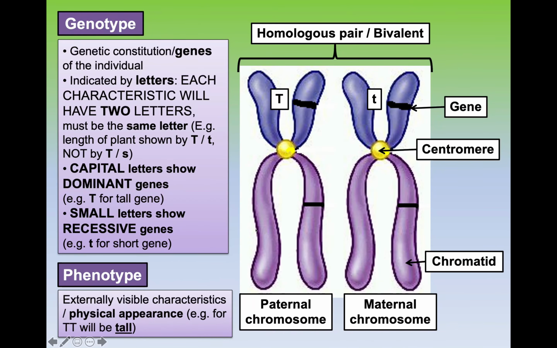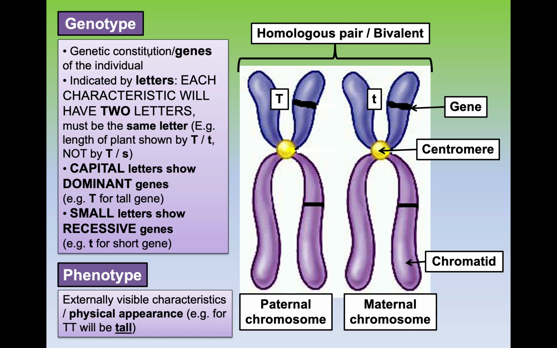Now let's look at the difference between the genotype and the phenotype. When we spoke of genotype, what was it referring to? Genotype refers to the genes of the individual, the genetic constitution, the genetic makeup of a person.